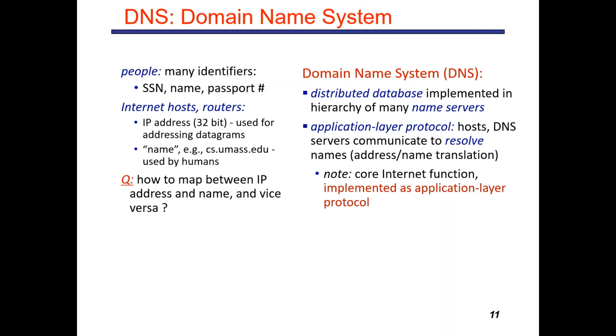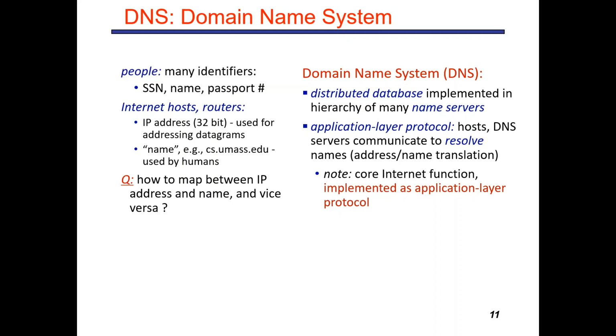The domain name is easy for us as humans to remember: google.com, facebook.com, cs.umass.edu. But it's difficult for us to remember the IP addresses of the servers. The domain names are for humans, whereas the IP addresses are usually understood by the devices and routers in order to route the requests that you are making on the internet. So the routers have no idea of what a domain name is.